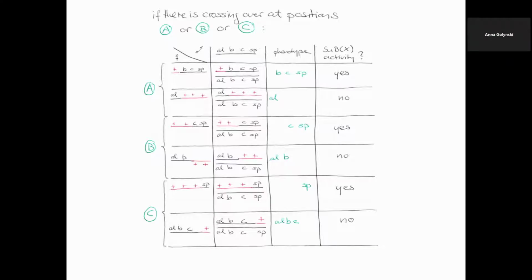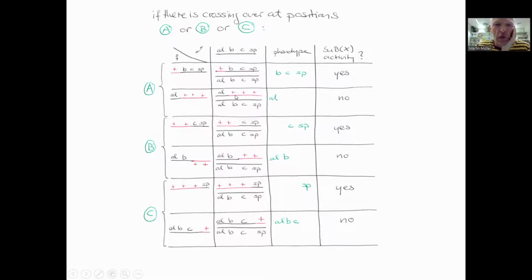It should be after C, because as soon as the last part of SP is lost, the suppressor activity is also lost. Yes, but can you be even a little bit more precise? You were talking about these guys here. After C, you said.